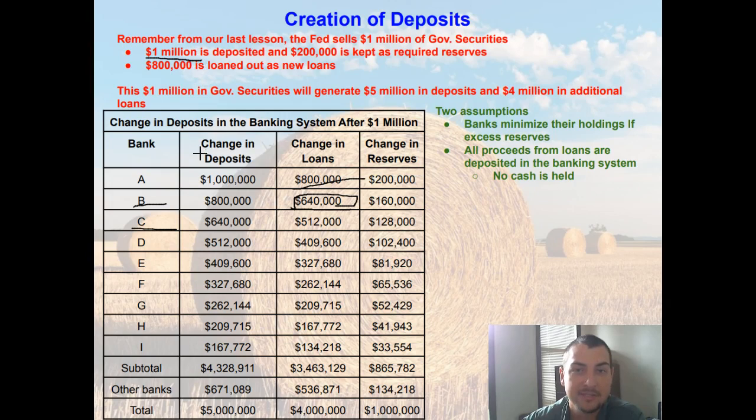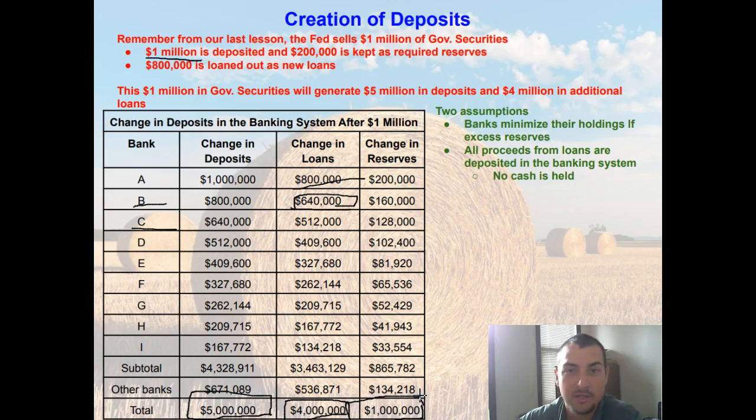The Fed basically put $1 million back into the money supply. And because of all of these different loans, it generates $5 million in deposits. Out of that $5 million, $4 million is loaned out, and $1 million is kept in as required reserves.